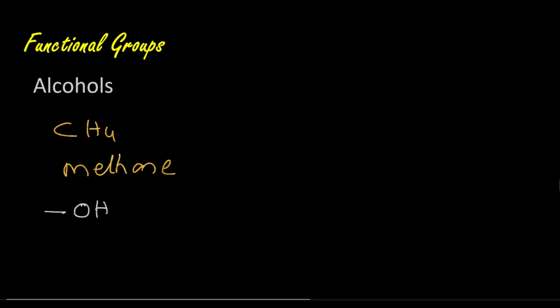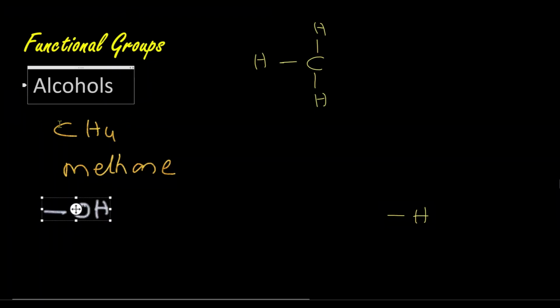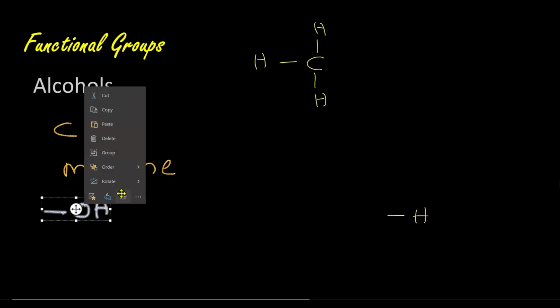Now, if I draw the structure of methane, with one carbon atom and four hydrogen, right? So in case I remove one hydrogen atom and place this OH, I'm going to place this OH here.